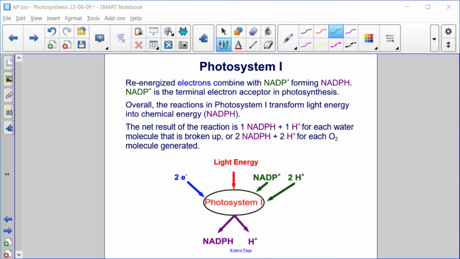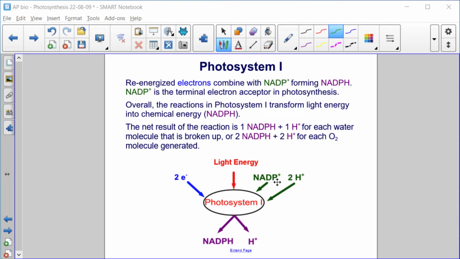All right, so these re-energized electrons here combine with NADP plus, forming NADPH, through the addition of one of these protons here. NADP plus is the terminal electron acceptor in photosynthesis.